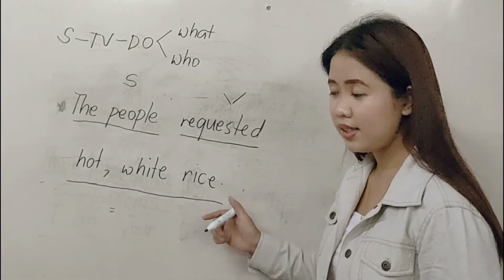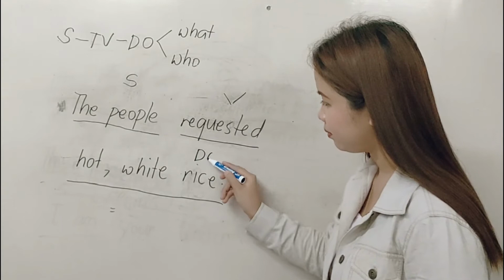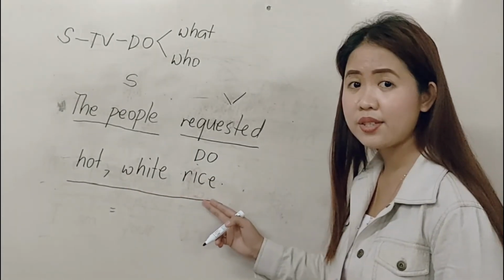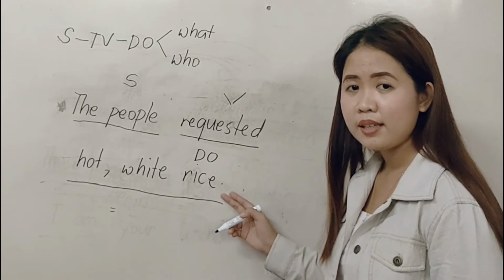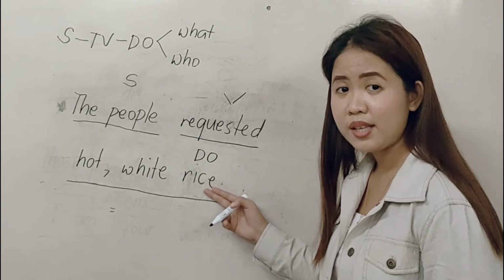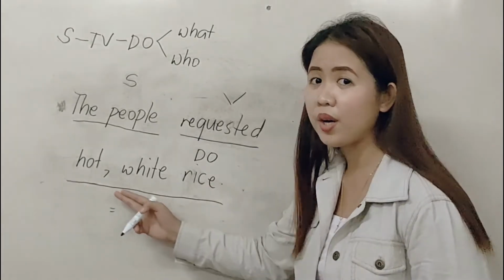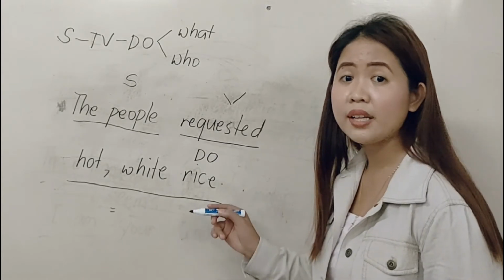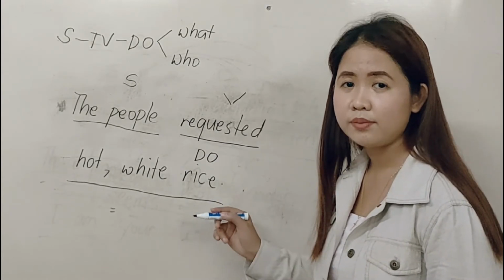This is considered a direct object. Since the word hot, white rice is considered direct object, ngayon ay tinatawag natin siyang an object modified with one or more adjective. Again, the modifiers do not affect the pattern.